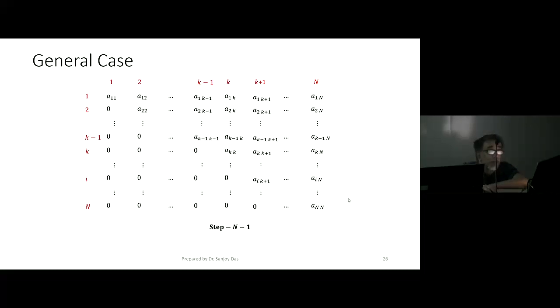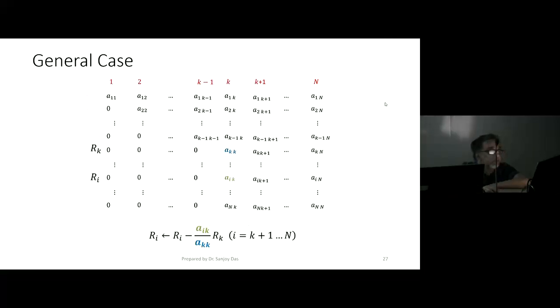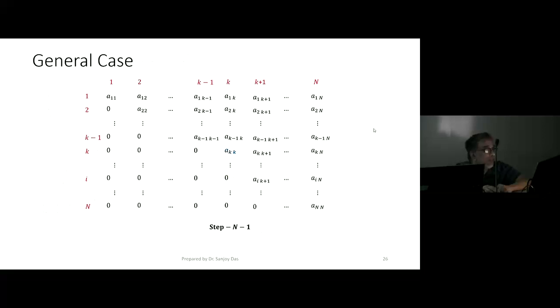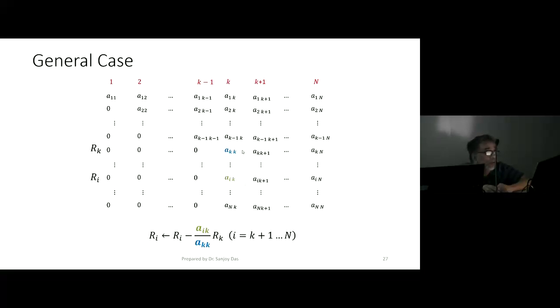This is the last step, k equals n minus 1. And that's when I have already converted my original A into an upper triangular matrix. So this is the general operation.